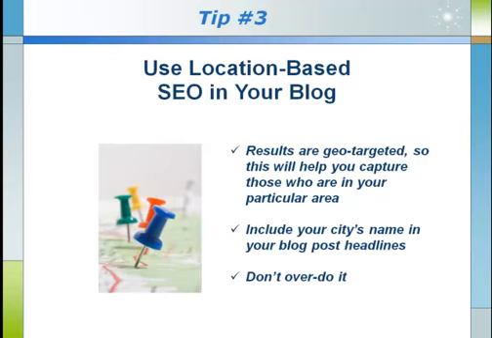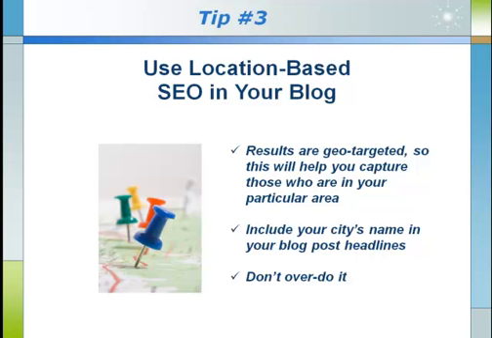Use location-based SEO, or search engine optimization, in your blog. The results are geo-targeted, so this will help you capture those who are in your particular area. I had a website in photography marketing specifically, and I did good.